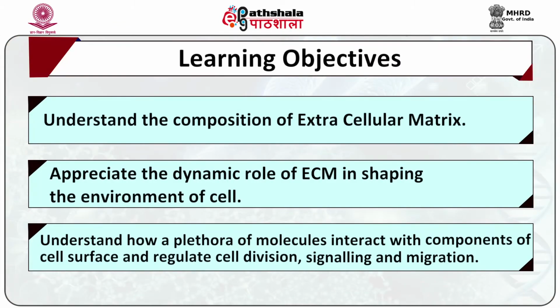Through this module, we shall understand the composition of extracellular matrix, try to appreciate the dynamic role of ECM in shaping the environment of cell, and understand how a plethora of molecules interact with components of cell surface and regulate cell division, signaling and migration.